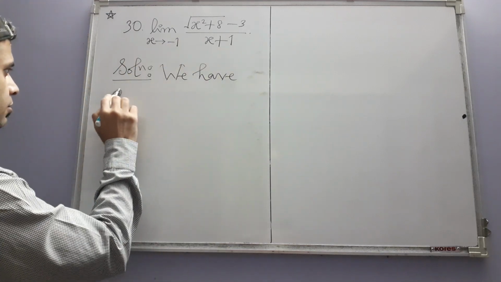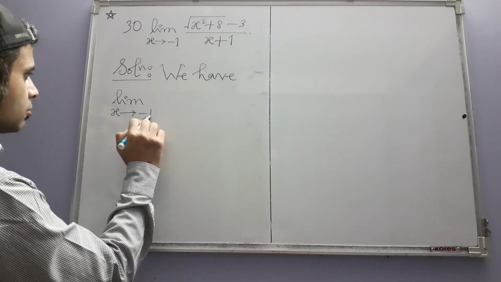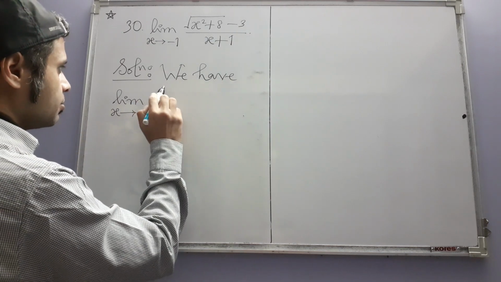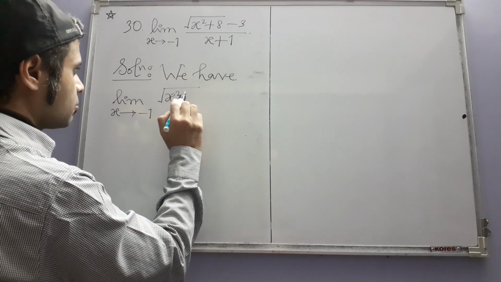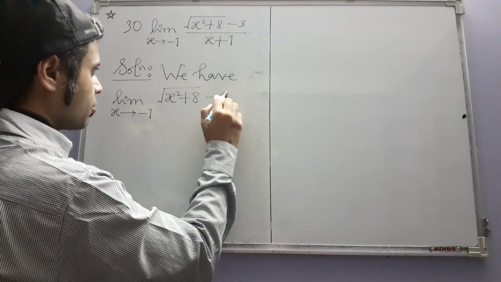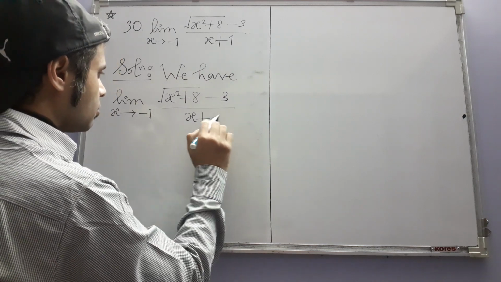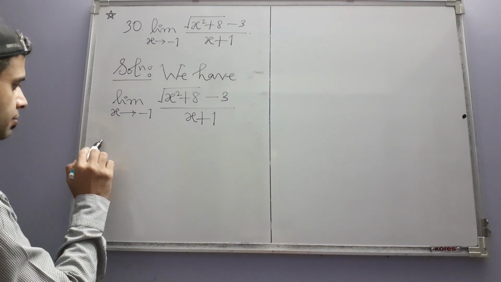We have this limit: the square root of x squared plus 8, minus 3, over x plus 1.